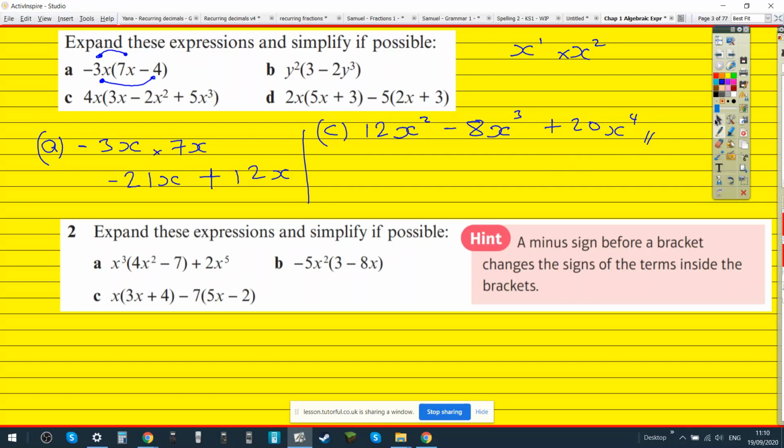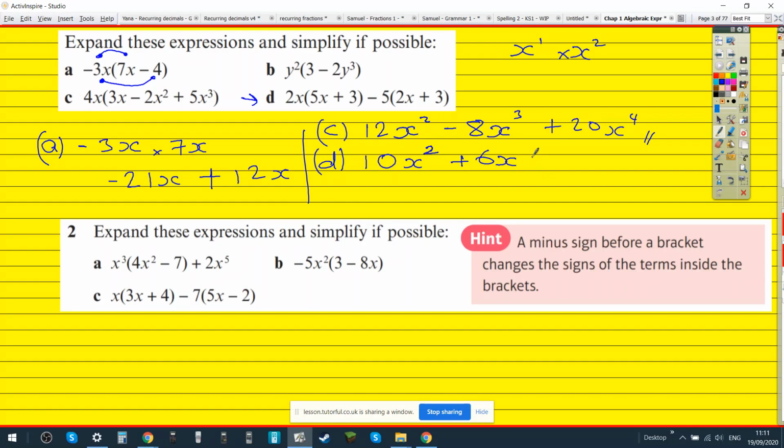Let's try question D. You have a pair of brackets. Other than that, it's the same. So first one would be 10x, and second would be, hold on, 6x. x times x for the first one. Oh yeah, to the cubed. No, not cubed, it's squared. And then x times 2x times 3 is 6x.